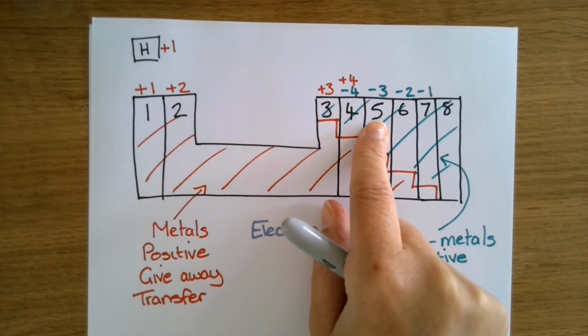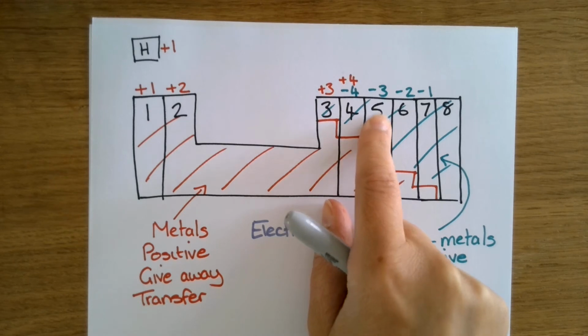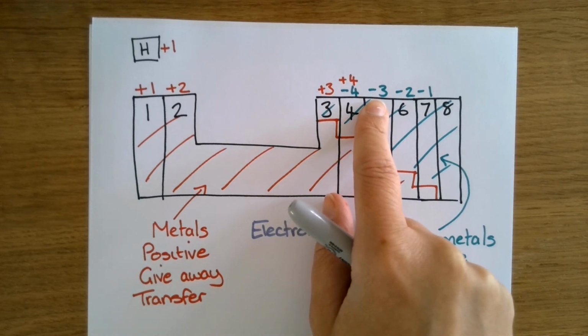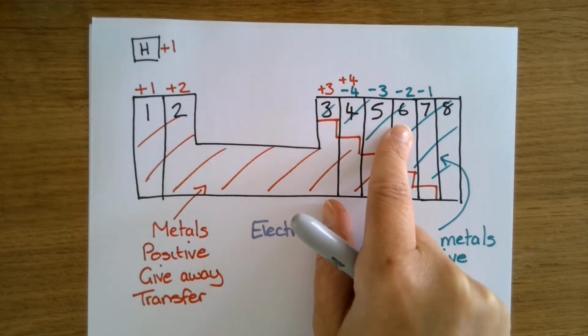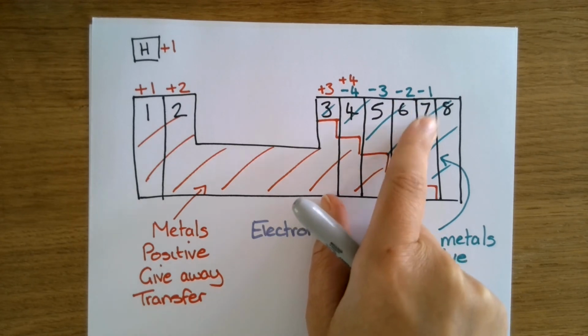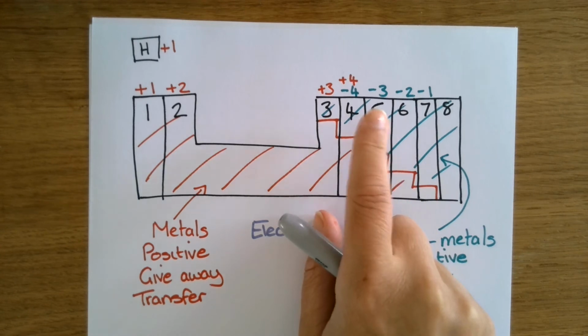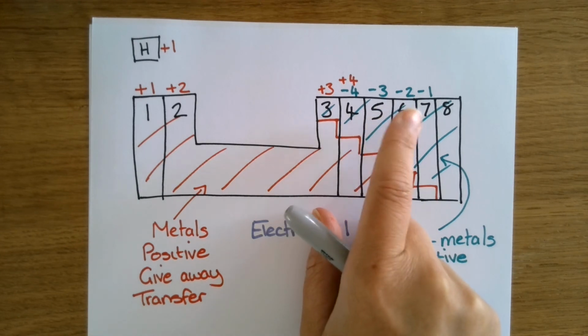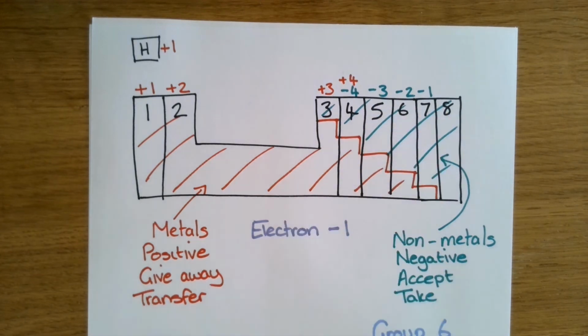Then we move on to group 5. Group 5 takes 3 electrons in, group 6 takes 2 electrons in, and group 7 takes 1 electron in. So they form -3, -2 and -1 charges. Now why is that?